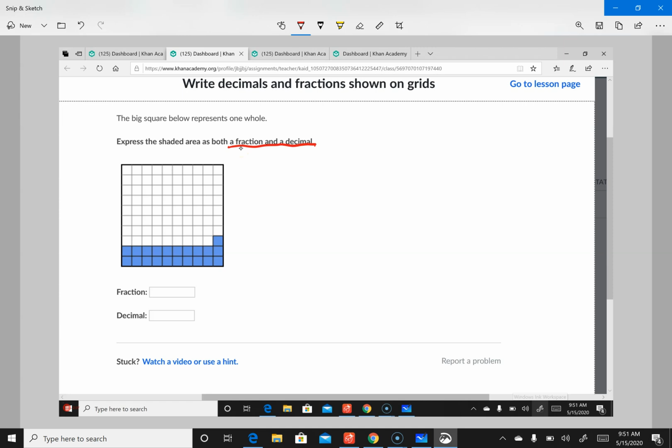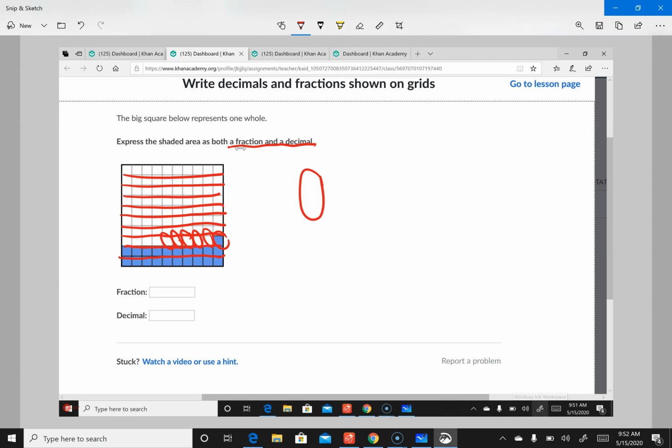What we can think of here is these long ones as being tenths. These long ones are tenths, and there are 10 tenths in a whole, right? And then we can think about the little ones as being hundredths, okay?